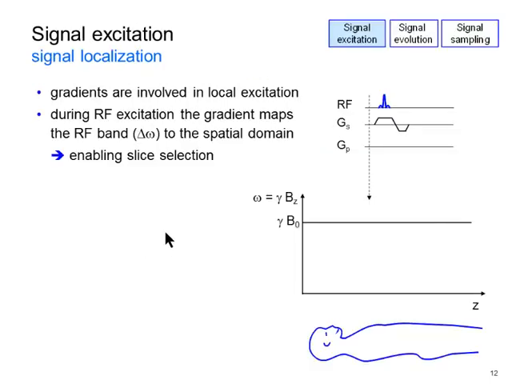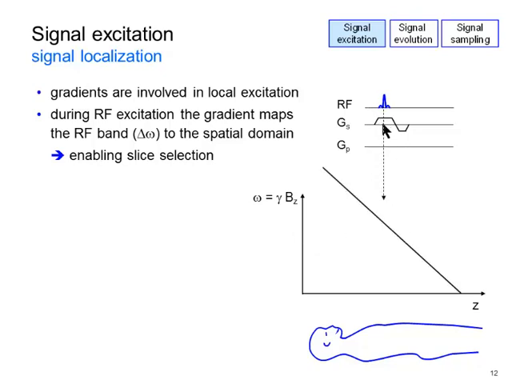As the previous speaker already outlined, signal localization can be done by the interplay of RF pulses and gradients. If we are at this time point where no gradient is switched, the main magnetic field is homogeneous.